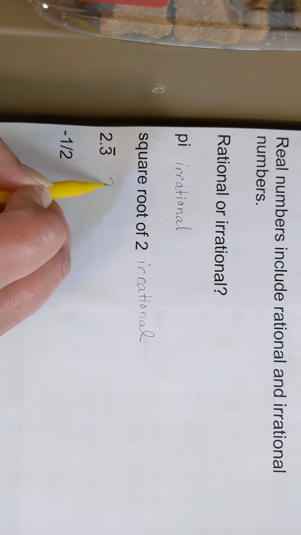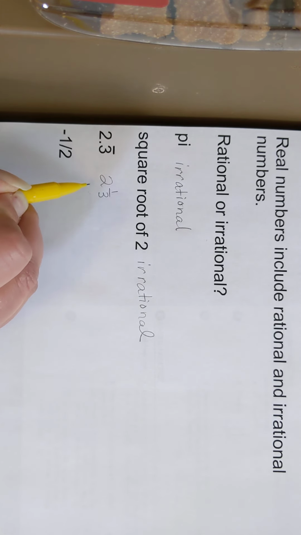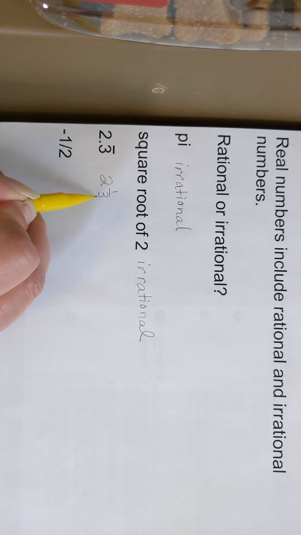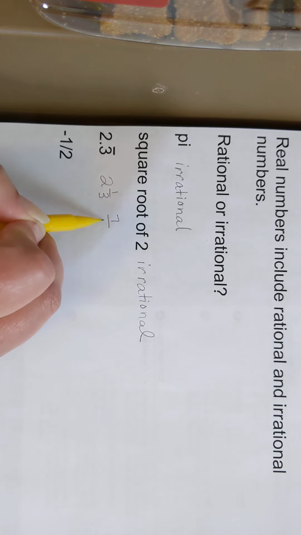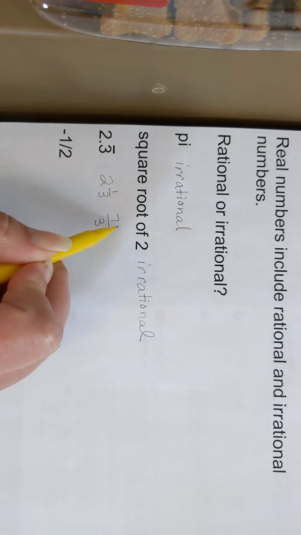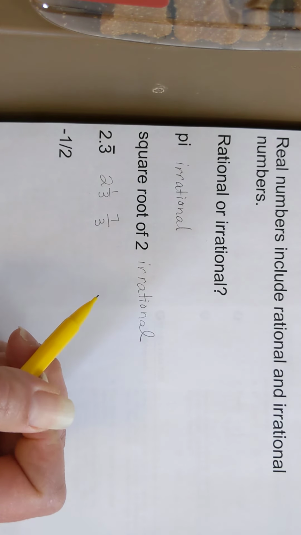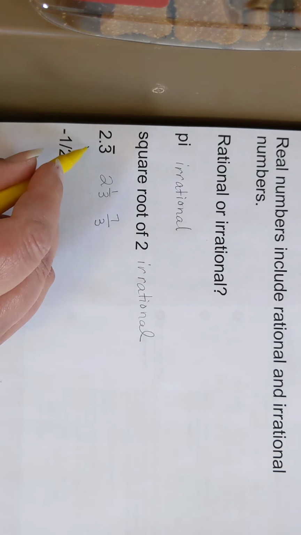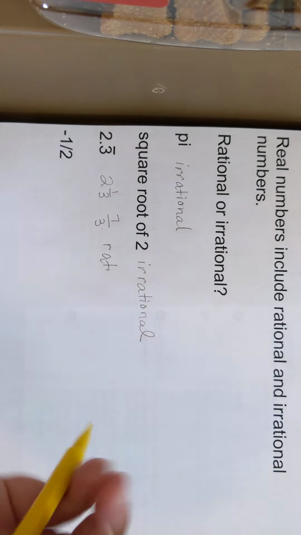So this could be written as 2 1/3. Changing that to an improper fraction, 3 times 2 is 6 plus 1 is 7/3. I have a fraction that equals 2.3 repeating, so this is rational.